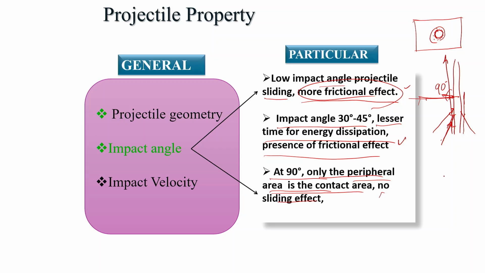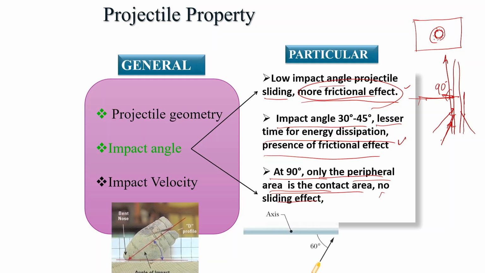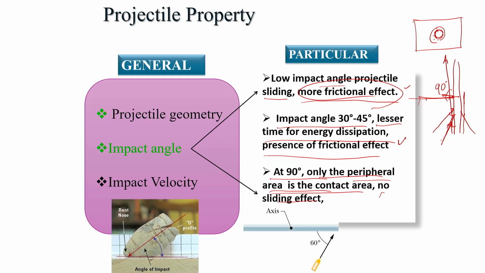But if there is sliding, then the energy of the bullet or projectile will also be absorbed by sliding friction. This we can see here in this picture. Suppose this is the angle of impact, here is the nose and this is the material.